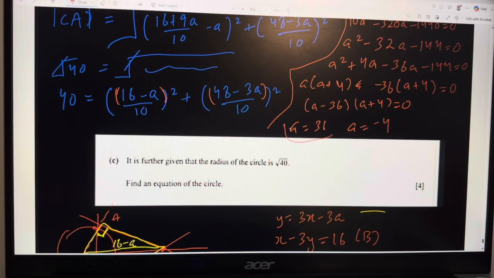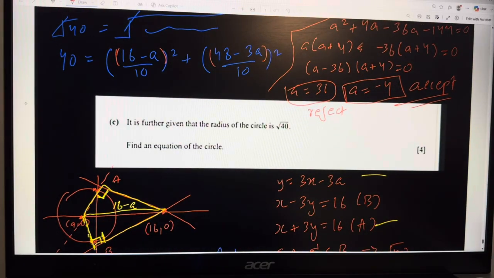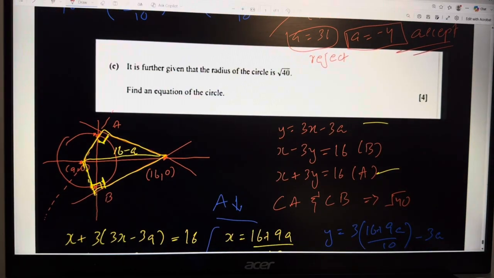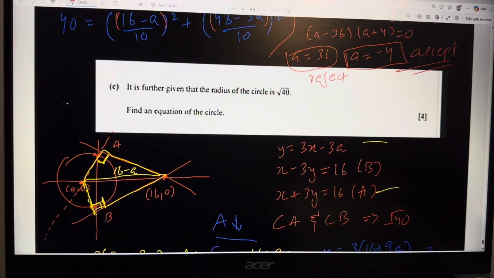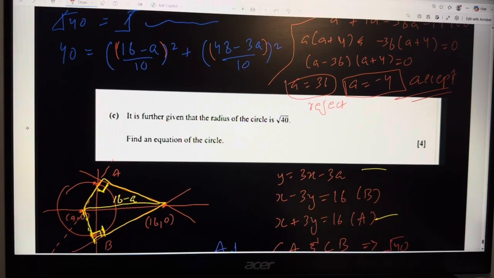This we reject, and this we accept. And again it said find the equation of the circle. This is a very long question. I understand why people were very confused. I don't even have some space left. So a is equal to minus 4.